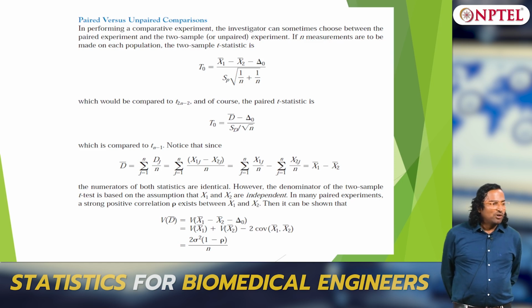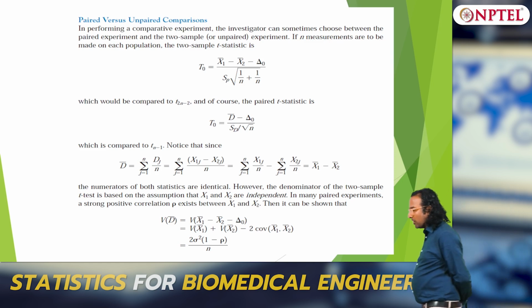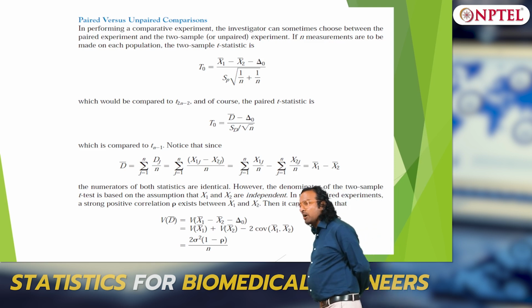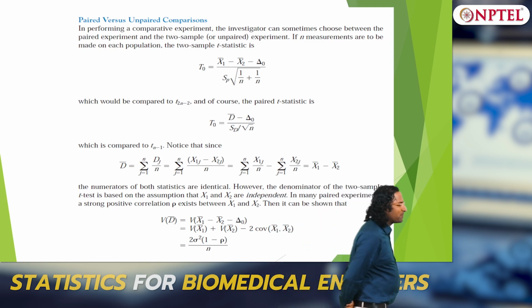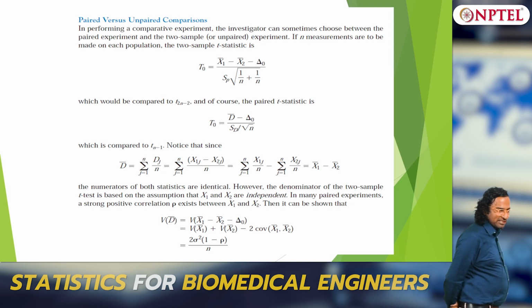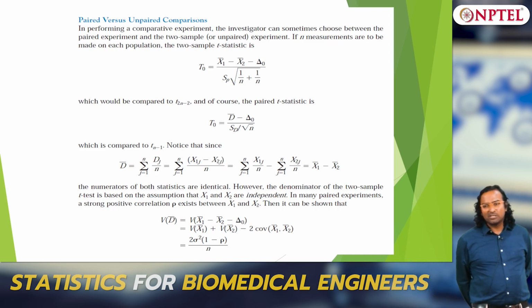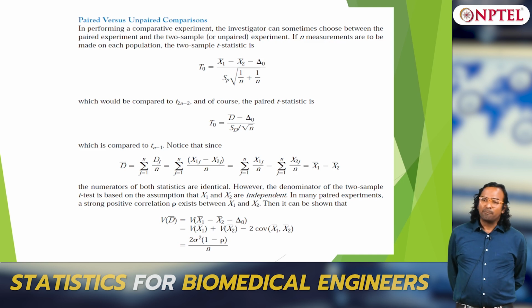If the outcome of the experiments is dependent upon conditions, then it is required to perform experiments under homogeneous conditions, and when you want to perform tests under homogeneous conditions, it is better to do a paired t-test.